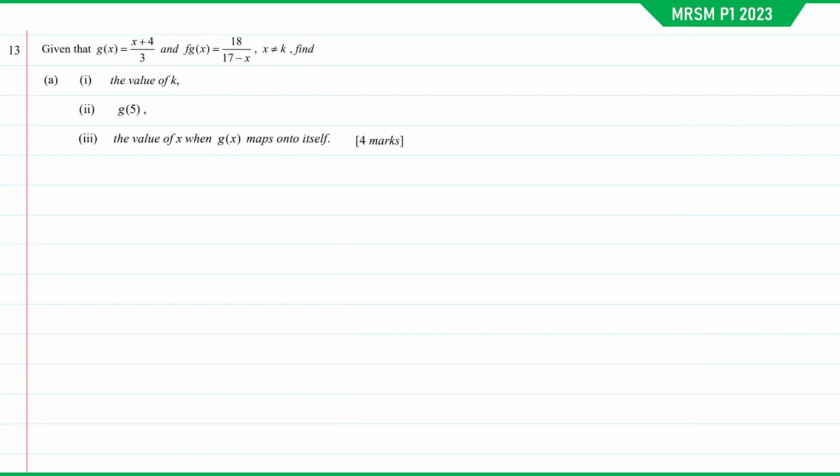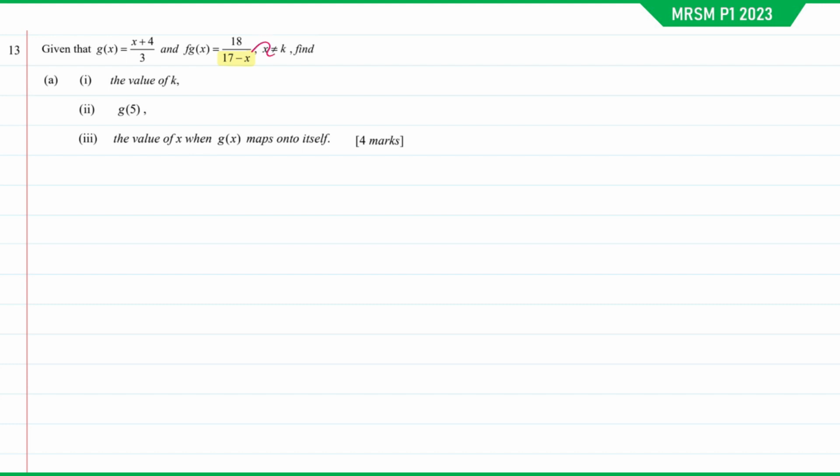Question number 13. Given that g(x) equal to (x + 4) over 3 and fg(x) equal to 18 over (17 minus x), x is not equal to k. Find a1, the value of k. Here we need to refer to the denominator of the function fg. The denominator cannot be equal to 0, because when the denominator is equal to 0, the function fg is undefined.